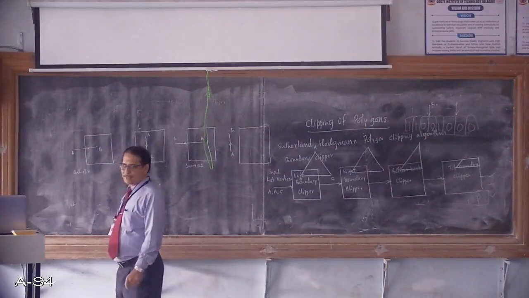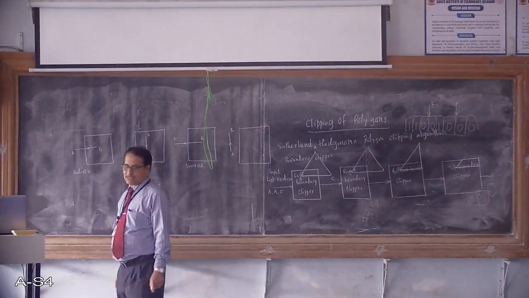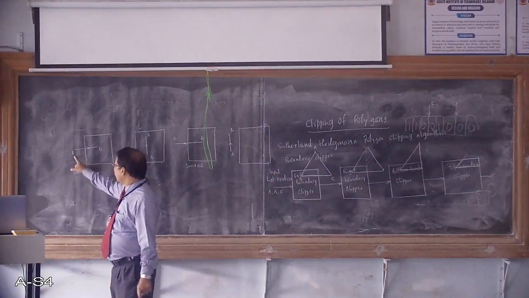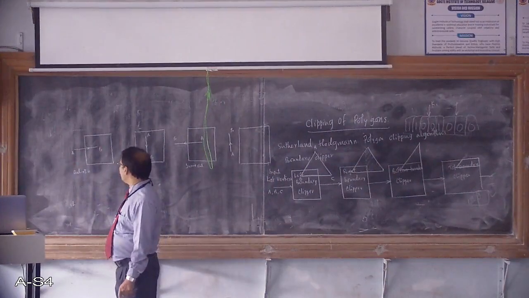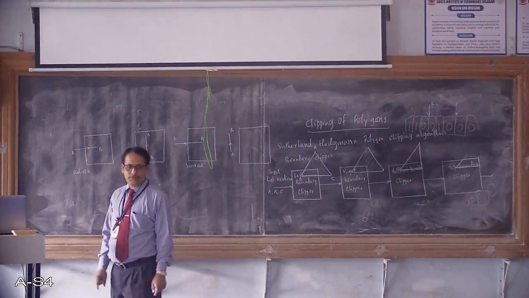The 4 rules are like this. Let us take for example the first rule. Here, consider the 2 vertices. One of the vertices is outside the clipping window, and the second one is within the clipping window.